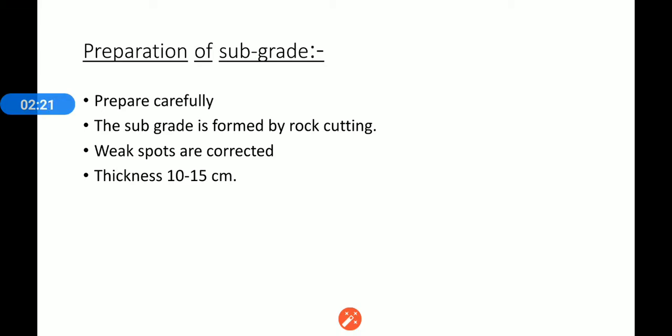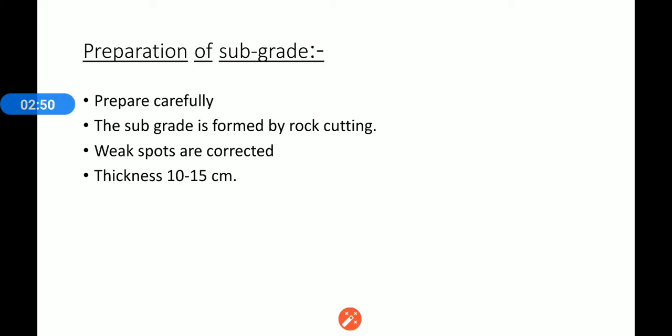In the preparation of subgrade, WBM has to be prepared carefully, as any failure of the subgrade affects the upper layer, except where the subgrade is formed by a rock cutting. A trench is excavated to the specified line and grade.